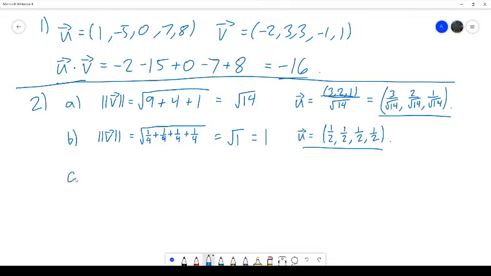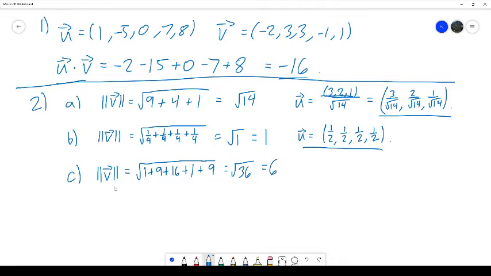Okay, and for the last one, we have magnitude of 1 squared, 3 squared, 4 squared, 1 squared, and 3 squared. And if we add all that up, I think this should be 36.